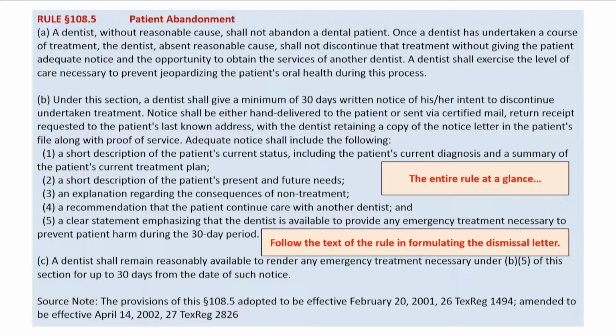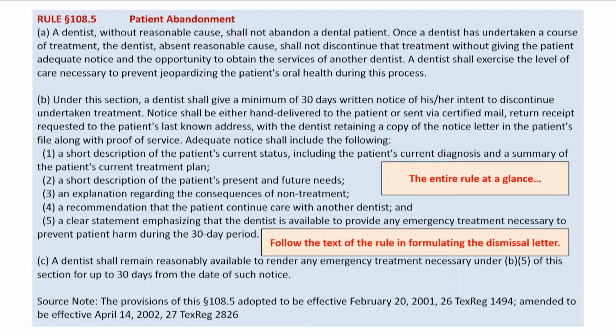Also, as we look at this particular slide of this rule, 108.5, patient abandonment, and as you look at the full context of the entire rule at one glance, please note at the very bottom the source note. The provisions of this Rule 108.5 adopted to be effective February 20th, 2001, and then again amended to be effective April 14th, 2002.